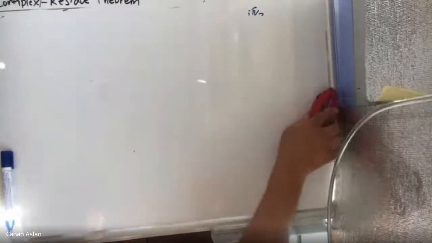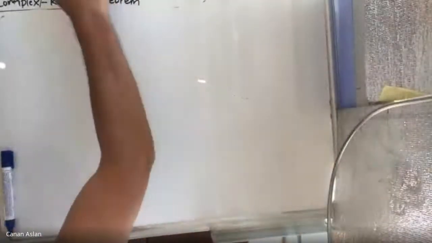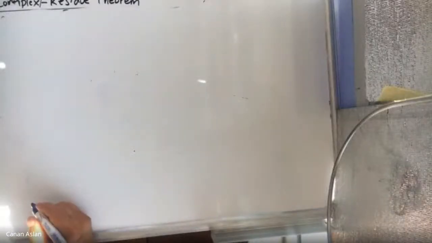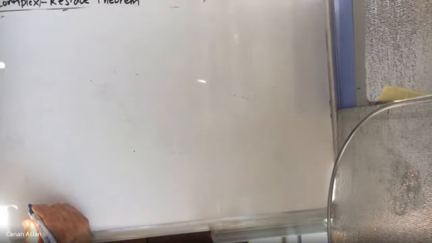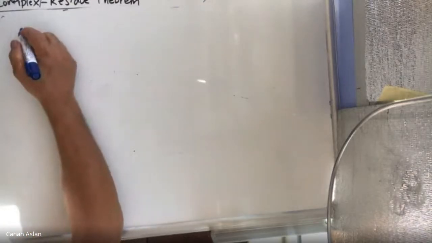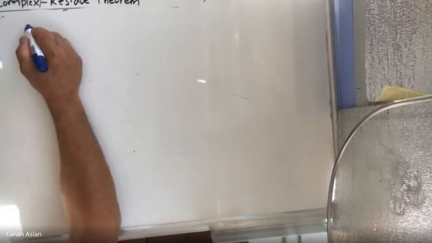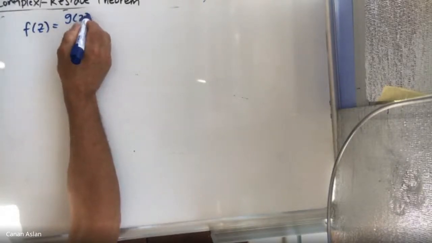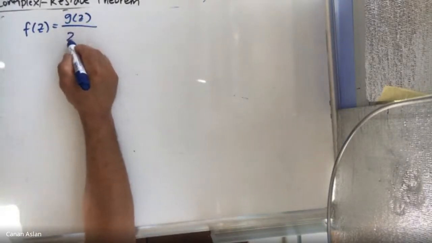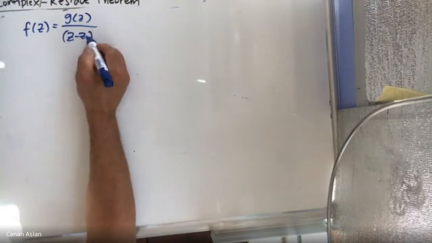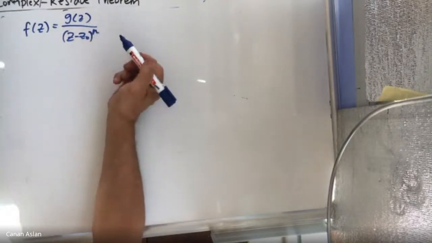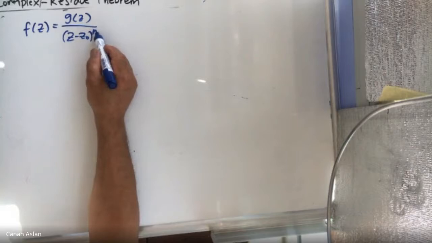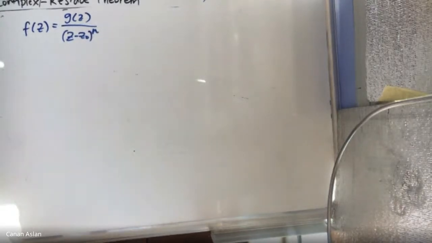Okay. So let's jump to another example. Now, suppose that we have on the denominator the power of z minus z0, the power n. It can be squared, cubed, the 4th power, 5th power, and so on.